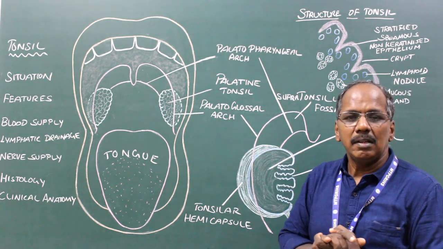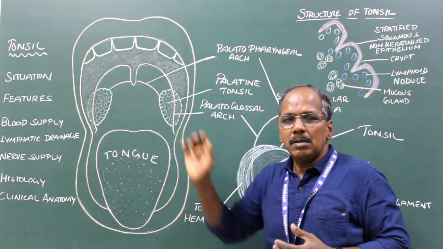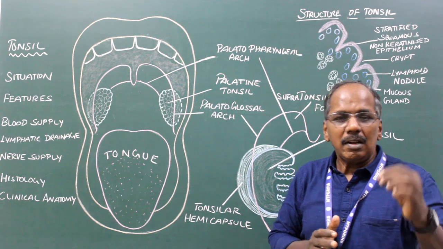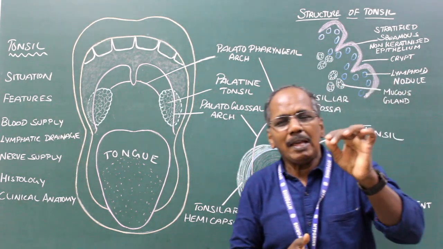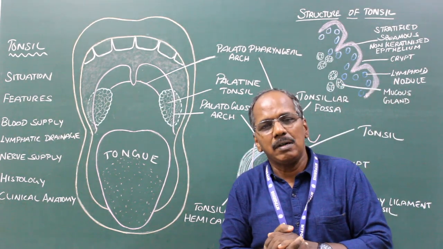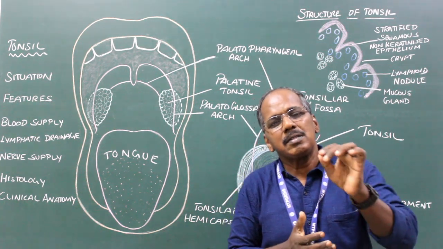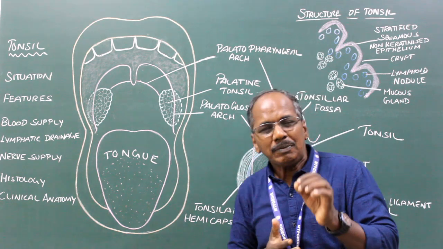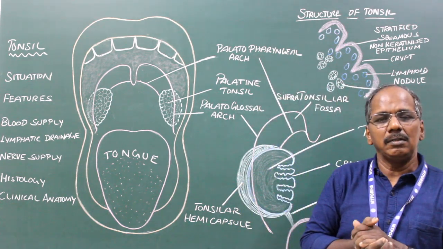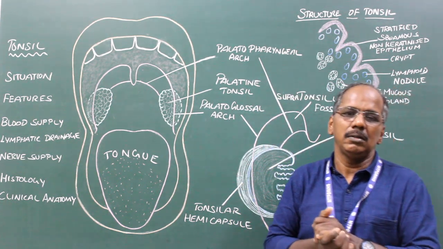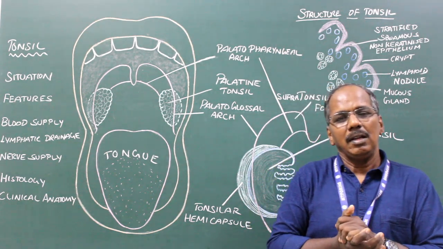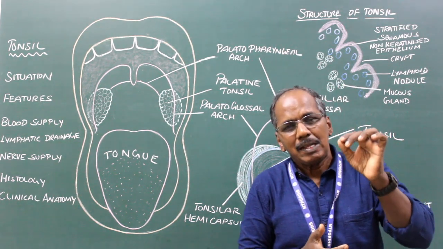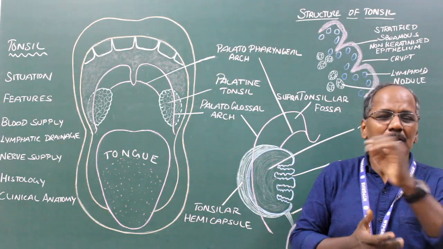Lymphatic drainage: the lymphatics from the tonsil drain into the jugulodigastric nodes, otherwise called the tonsillar lymph node. Nerve supply: glossopharyngeal nerve, that is the ninth cranial nerve. Development: it develops from the second pharyngeal pouch.